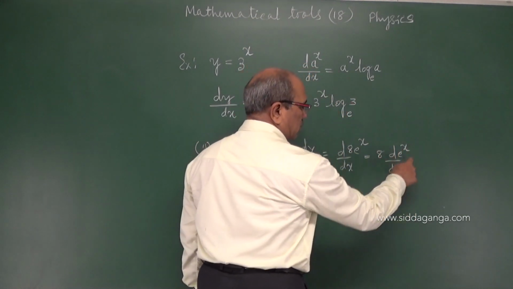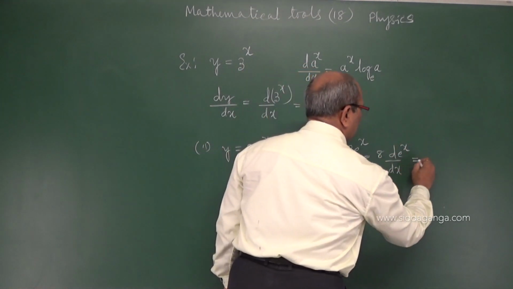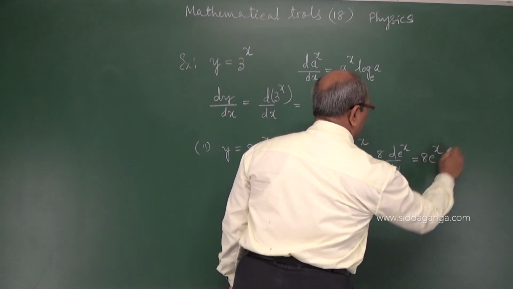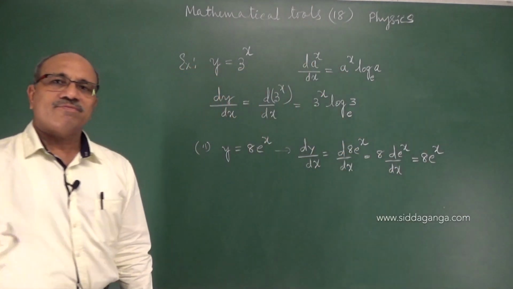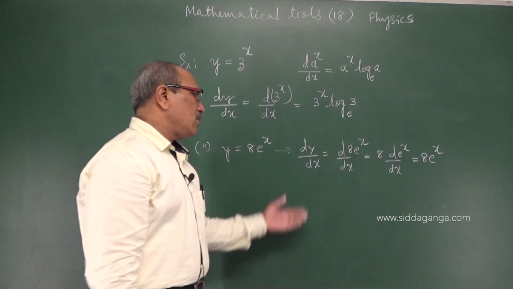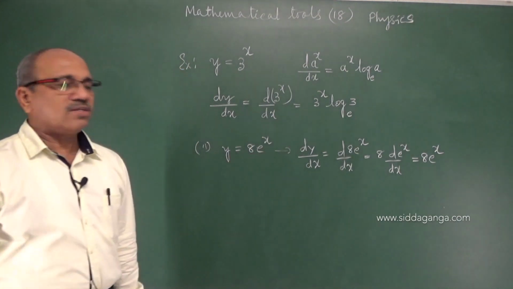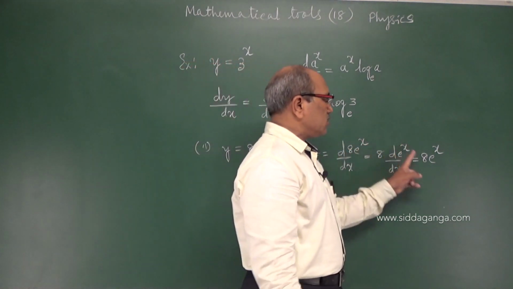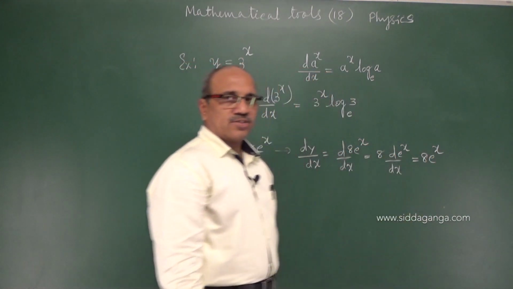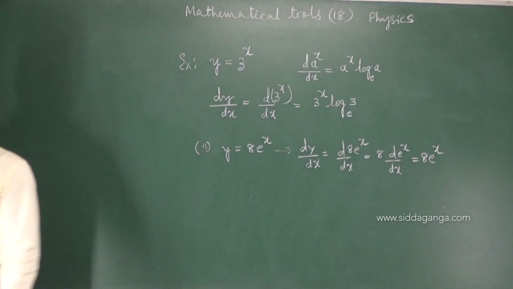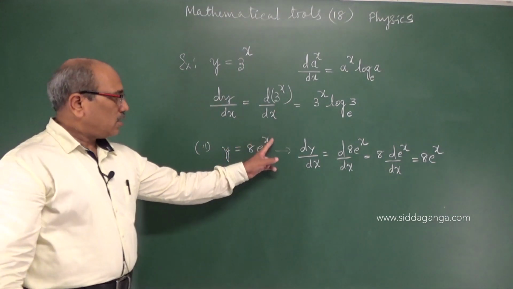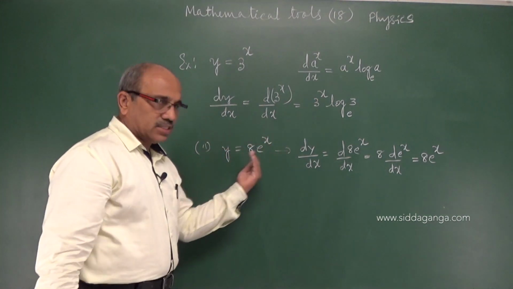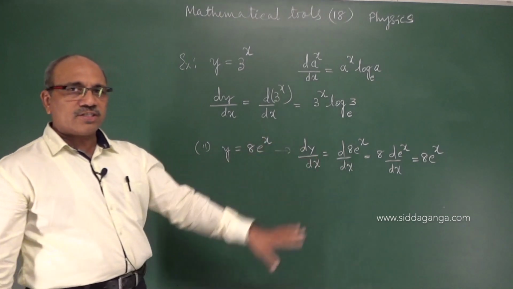And you know the differentiation of e power x is e power x itself, so 8 into e power x, no changes. e power x as it is and 8 is the same constant number. I hope you have followed. The constant comes as it is, and the differentiation of e power x is the same.